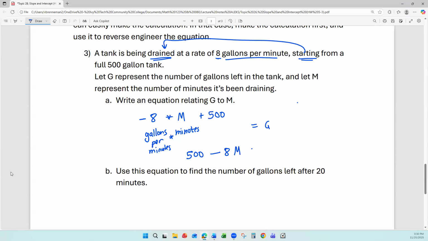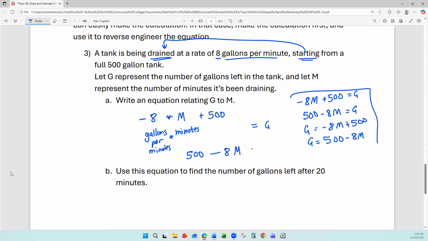So you might have negative 8M plus 500 equals G, 500 minus 8M equals G, G equals negative 8M plus 500, G equals 500 minus 8M. Any of those would be perfect as the equation.